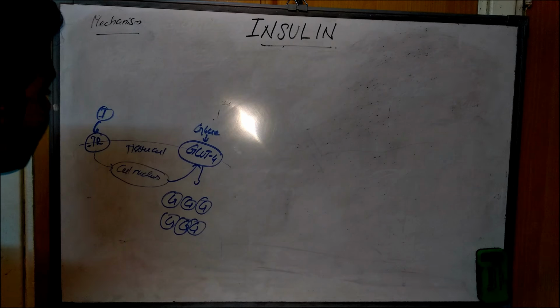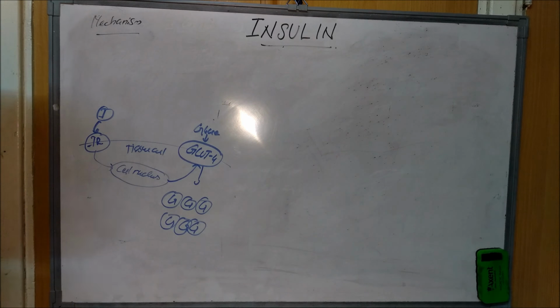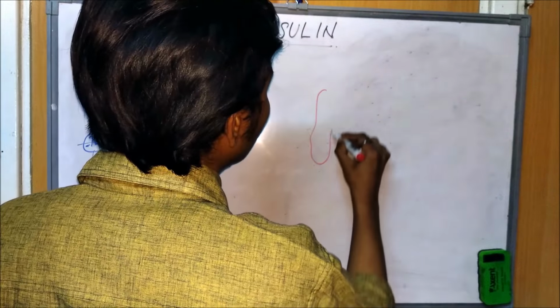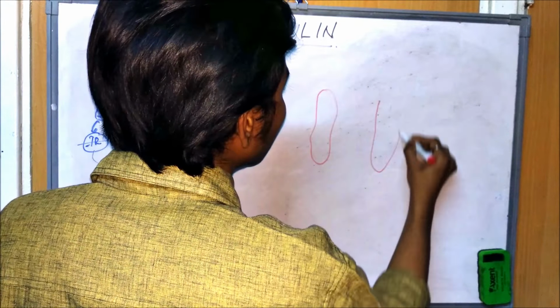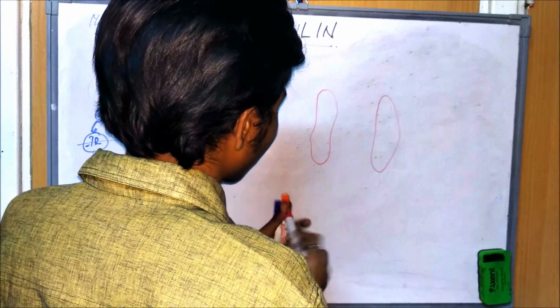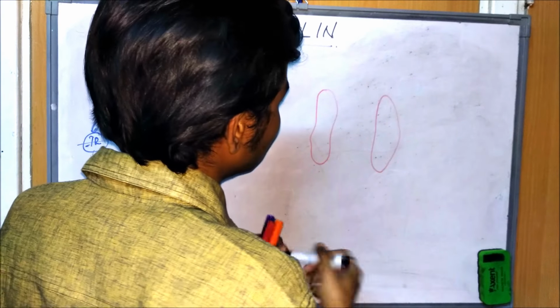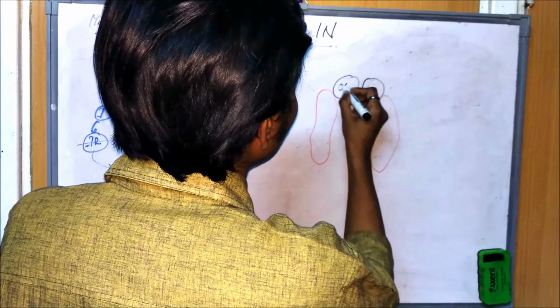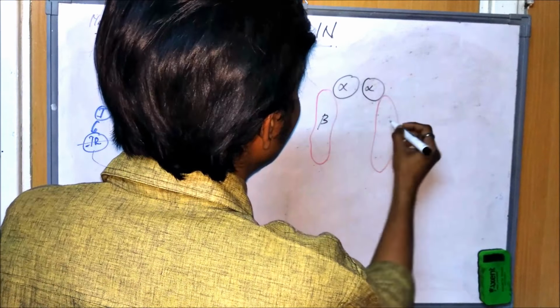So now we'll see the insulin receptors. The insulin receptor has two chains. One is an alpha chain, one is a beta chain.